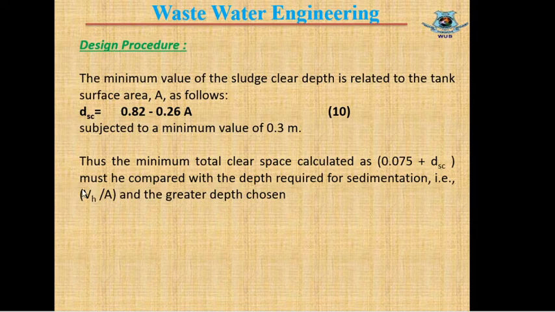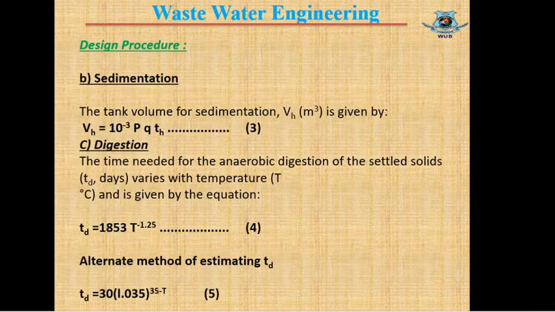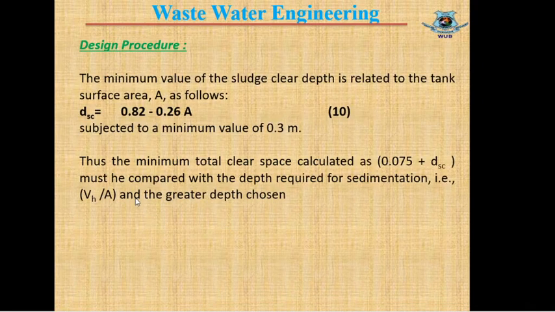VH is the volume of the sedimentation zone. Yes, here we can see VH is the volume of sedimentation zone. If we divide this volume by area, we will get the depth of sedimentation zone. So these two depths will be compared and the larger one will be taken.